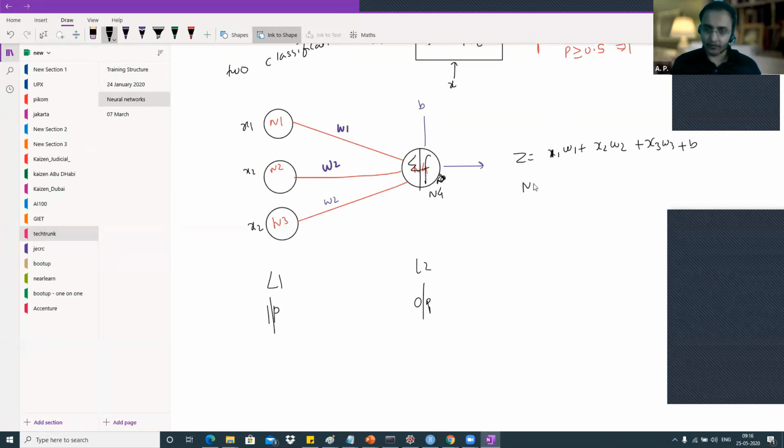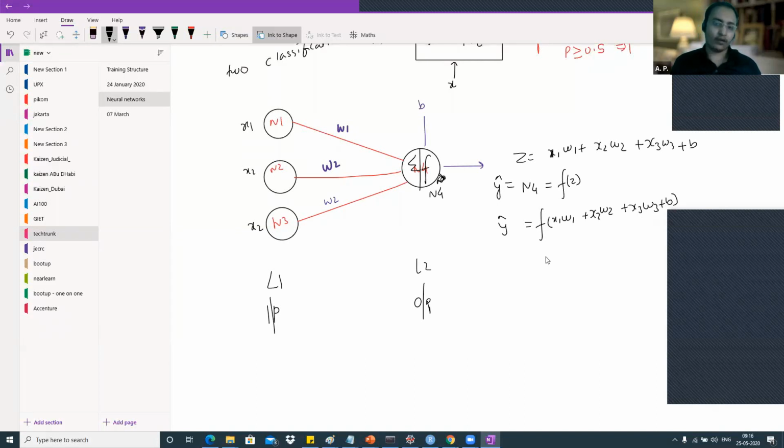And the output of n4, which is my y hat prediction as well, could be f of z, which could also be thought of as y hat equals f of x1 w1 plus x2 w2 plus x3 w3 plus b.